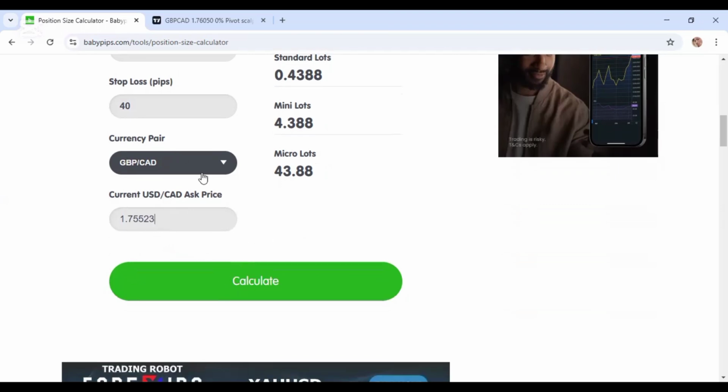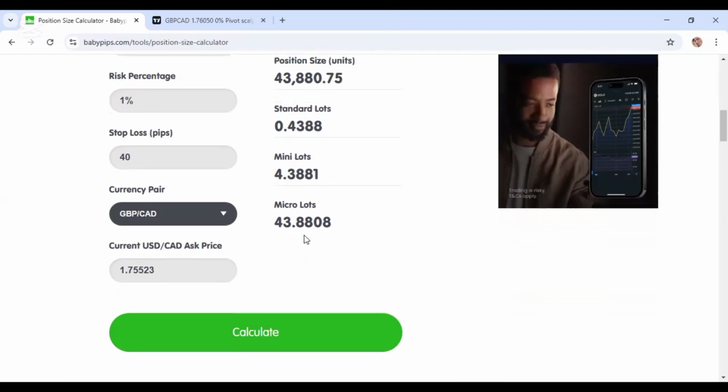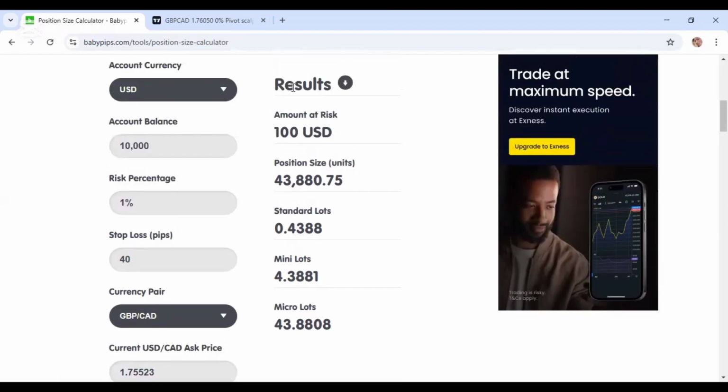So after filling everything, you hit the calculate button, and this is what you will get. This is the result of the calculation we just did. For this trade, we are risking $100, which is 1% of our capital.